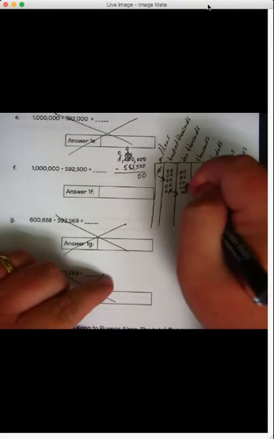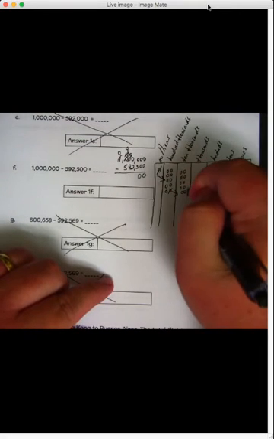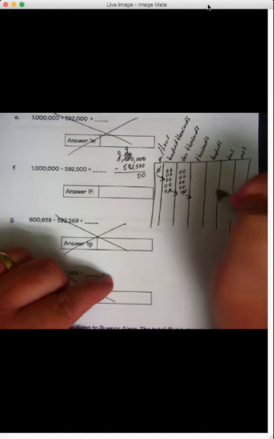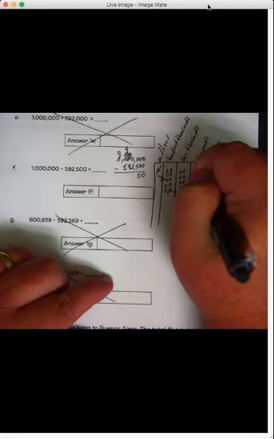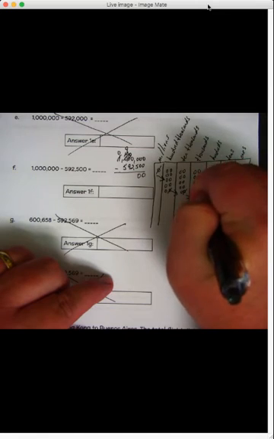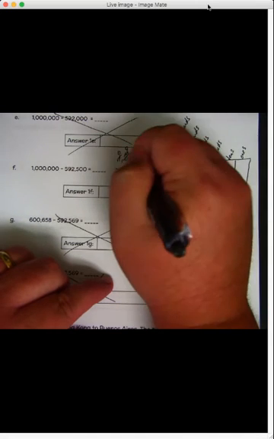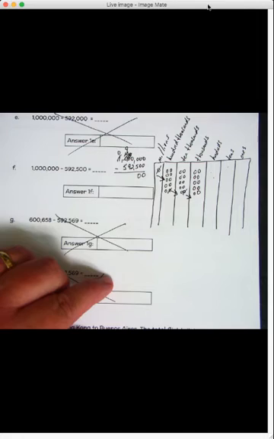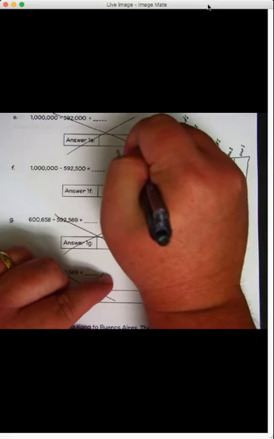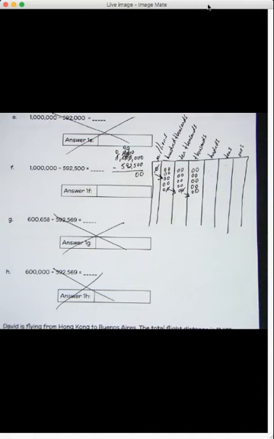So we're going to have to take one of these 10,000s, and we're going to have to give it to the thousands place, which gives us 10 thousands. 1, 2, 3, 4, 5, 6, 7, 8, 9, 10. So we took one of these 10,000s away. Now we only have 9 left, and we're giving 10 to the thousands place.